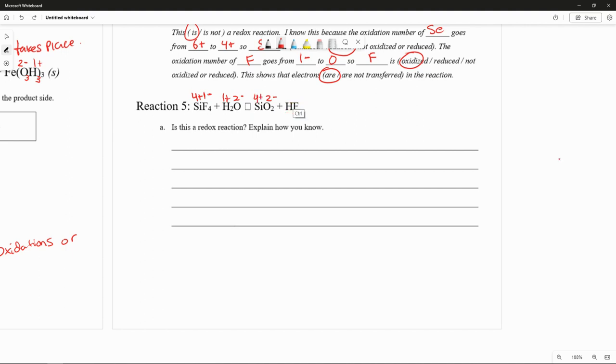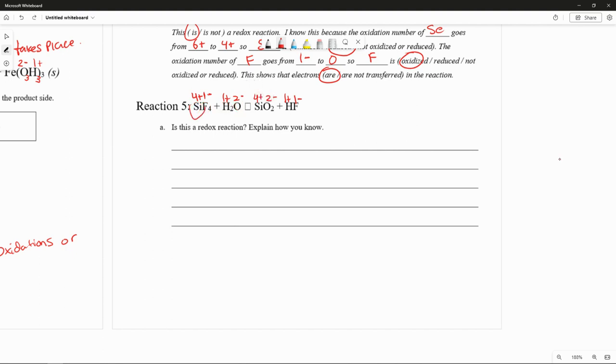For HF, we know both of these, 1 minus on F and 1 plus on H, and they add up to a charge of 0 to make it neutral. So taking a look at our elements, we have Si, F, H, and O as our choices.